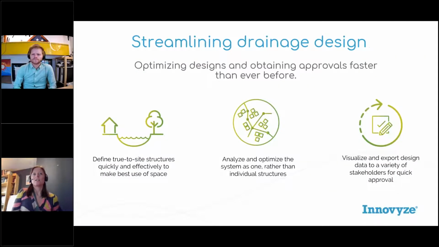So you'll see as Ryan goes through a demonstration, focusing today on the efficiency part of the drainage design workflow, that it's possible to optimize the design and gain that approval quicker than before, because we have the ability to define these structures true to site and demonstrate how we're making the best use of the space, how the green infrastructure contributes to the overall quality of the community that's delivered.